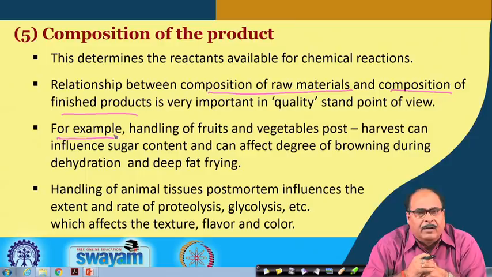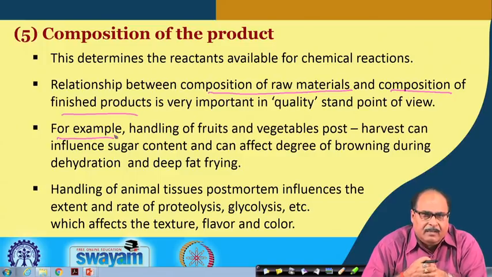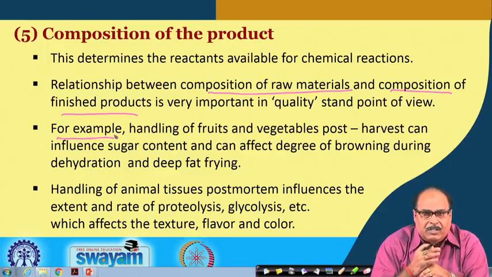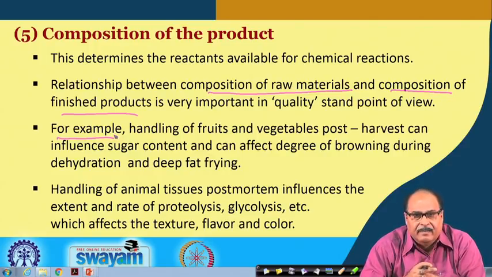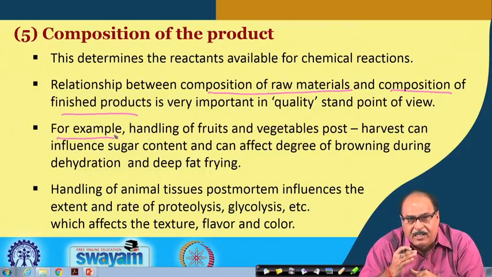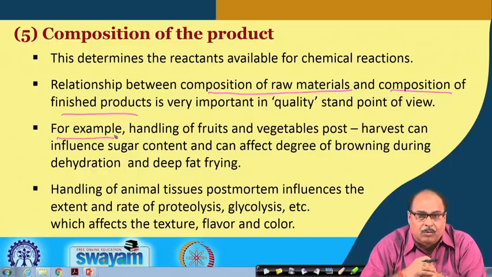We can take one or two examples of a plant system or animal system to explain this a little better. In fruits and vegetables post harvest, the manner in which they are handled can cause an increase in the sugar content. Let us see a specific example of potato.